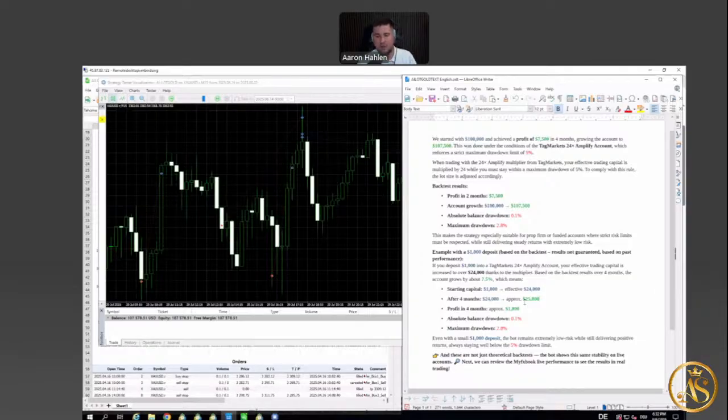That means you would have double the profits of the 24x account, because on the 24x we use a lower lot size, since there we have a 5% drawdown rule. You have more capital on the 24x account, but we use a lower lot size because you have only a 5% drawdown rule. So if you want to increase your profits, use the 12x account where you have the 10% drawdown rule.